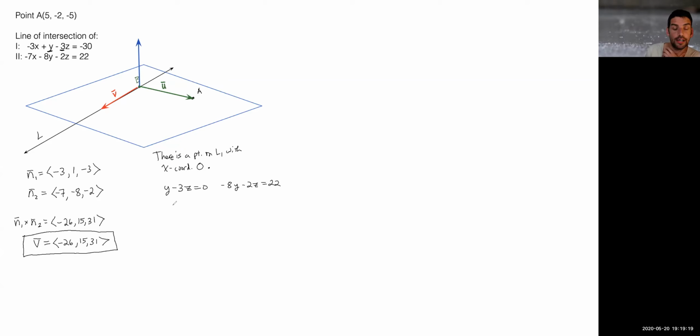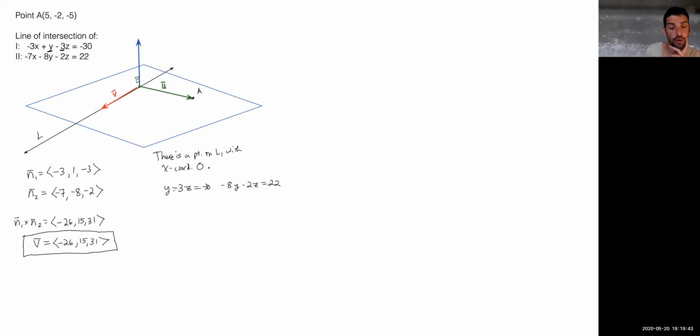So we have to solve this system of two equations. I've been doing elimination almost every time I solve systems. Let's do a substitution. This one's kind of nice. Oops, this is wrong. This should not be 0. This should be negative 30, pardon me.